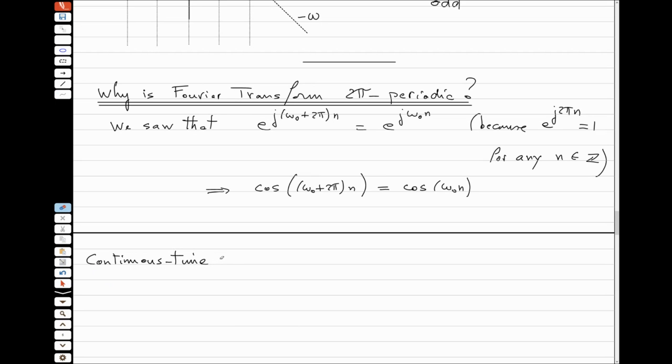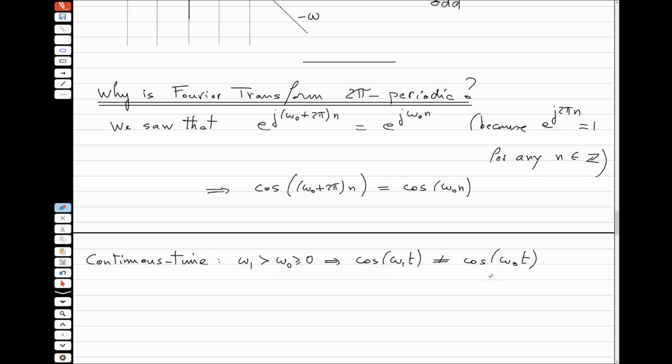If you take frequency omega 1 larger than omega 0, you take them positive here, you know that in continuous time this sinusoid will oscillate faster than this one, no matter what.